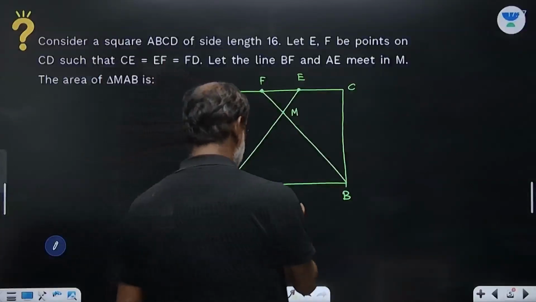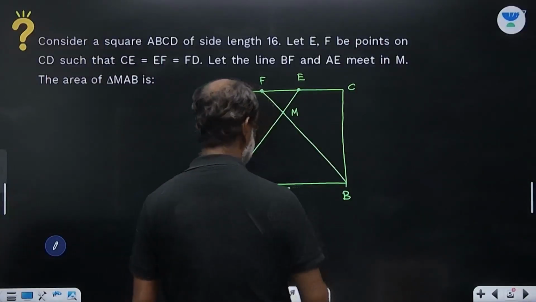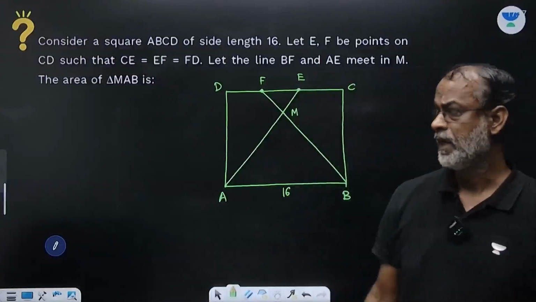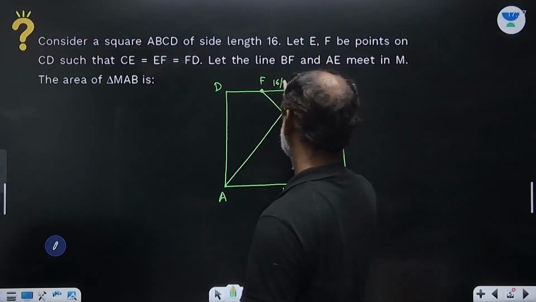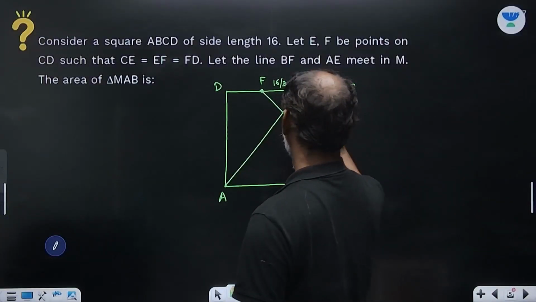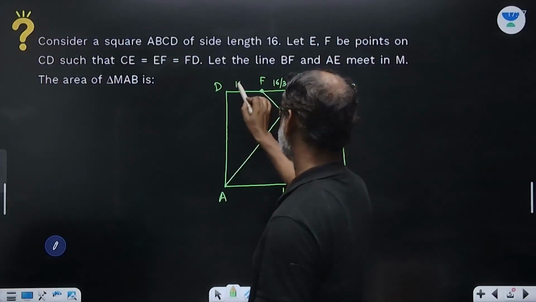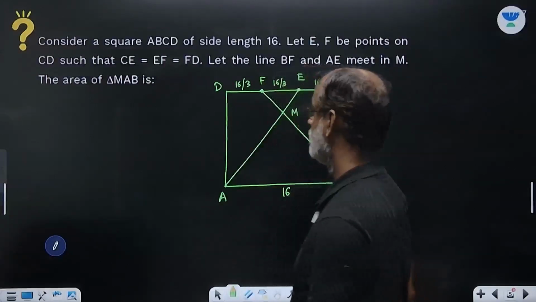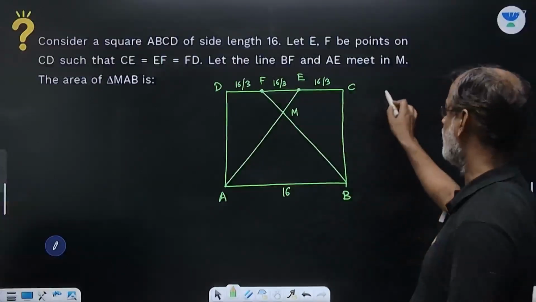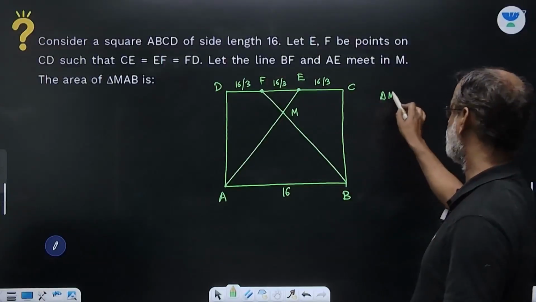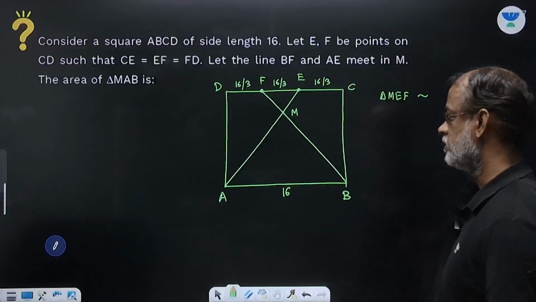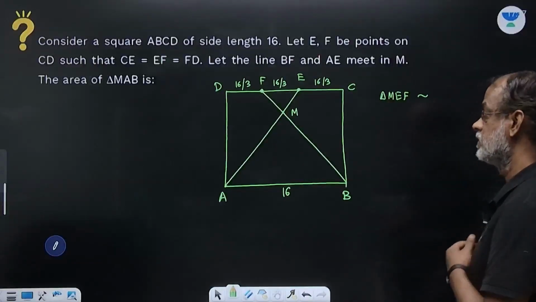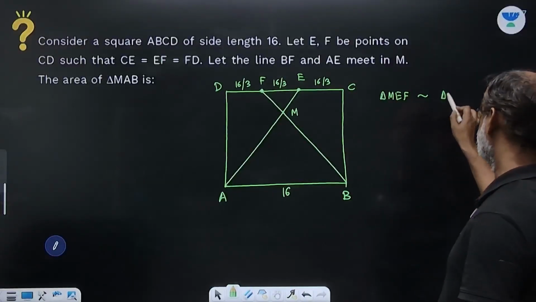So, this is 16. Now, this is 16 by 3, this is 16 by 3, this is 16 by 3. Okay. So, triangle MEF is similar to triangle MAB.